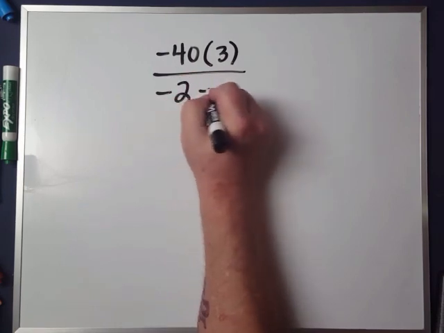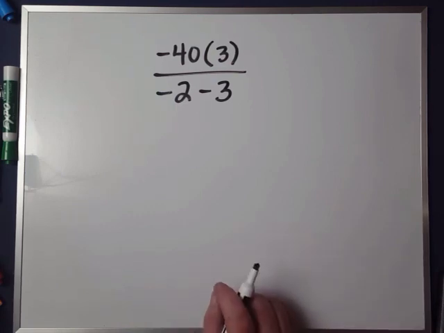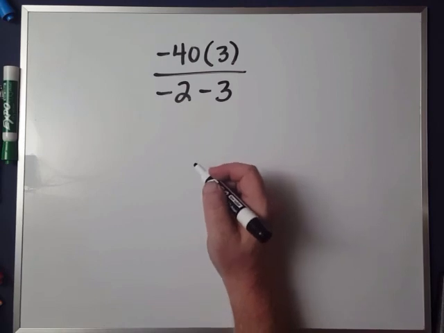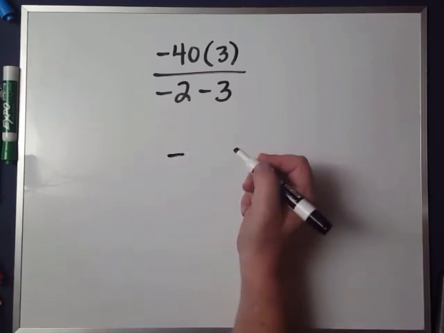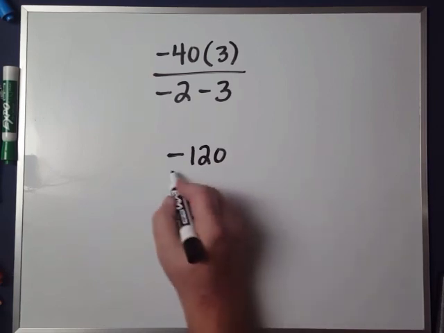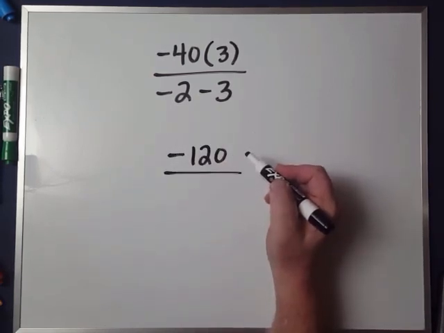In number 74, we know that we work above and below the fraction bar separately. And the last thing we'll do here is divide as indicated by the fraction bar. So in the top, we multiply negative 40 times positive 3. A negative times a positive is negative. 40 times 3 is 120. In the bottom, negative 2 minus 3.